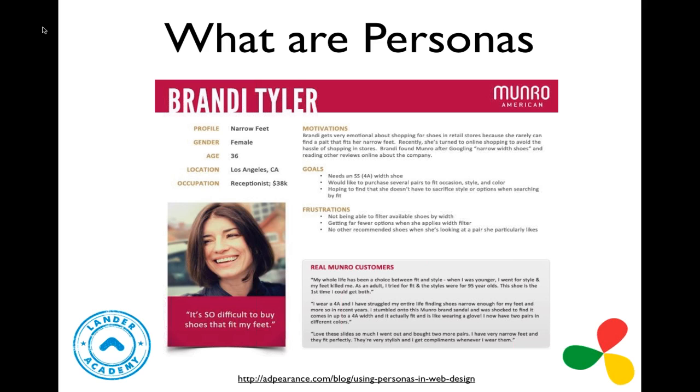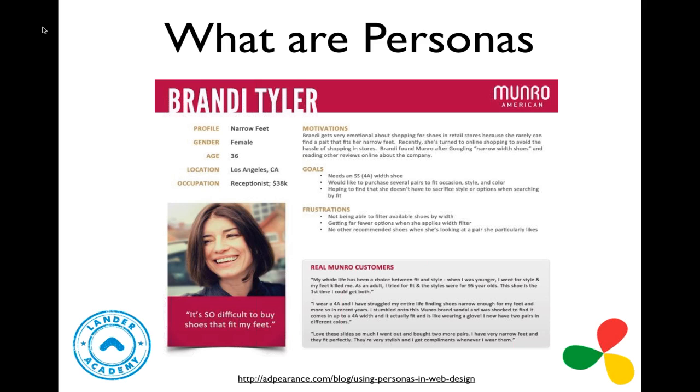So let's look in detail at a case from an online shoe store. Here we have Brandy Tyler, and she is a persona who is not deciding by price. She has tiny feet, and she wants to find shoes that fit her feet. Think about it for a second with all the context that we've been talking about.